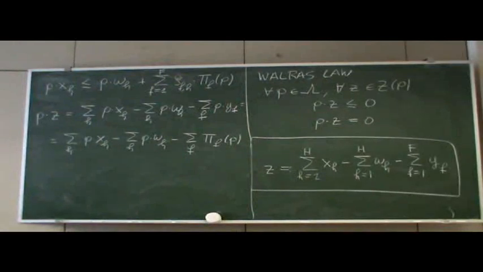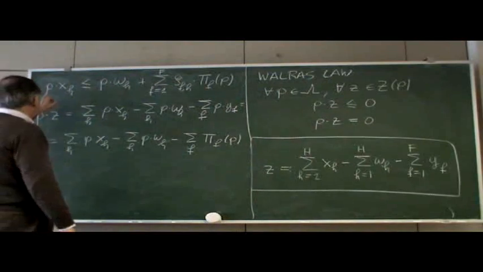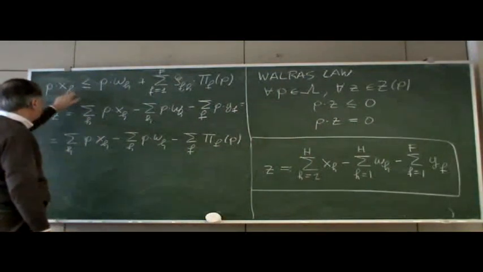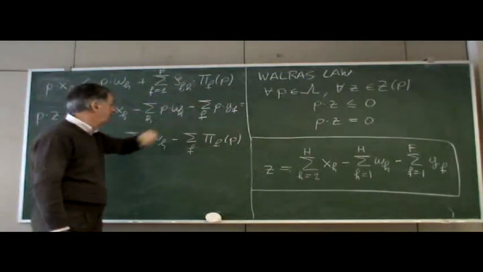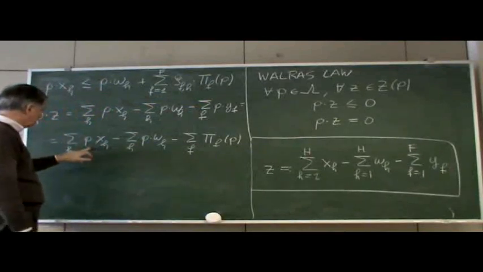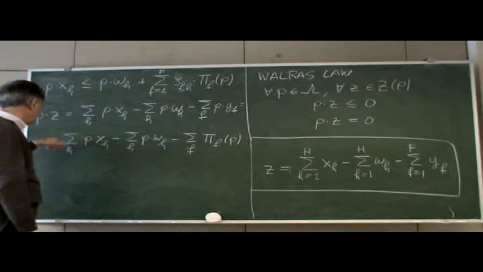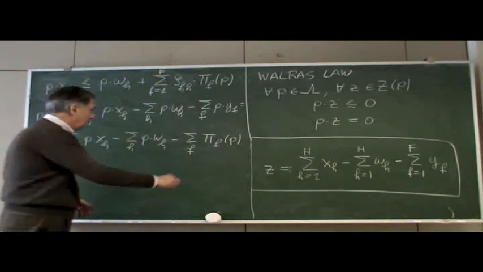Now, we know that each P times XH is less or equal to this. So this inner product reappears here. There is a sum, clearly, because we are considering all the subjects.